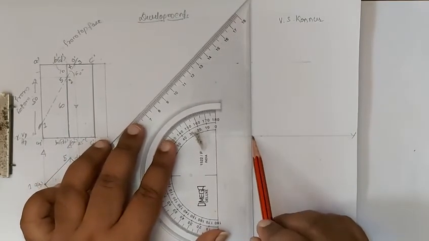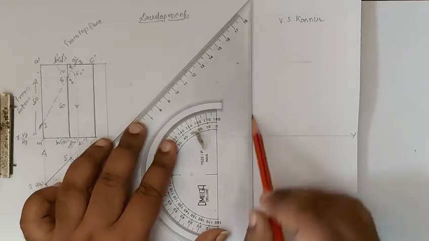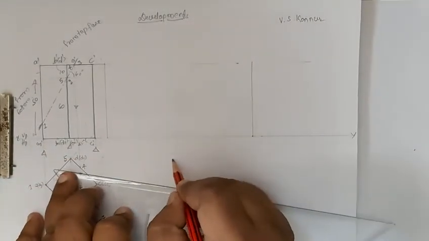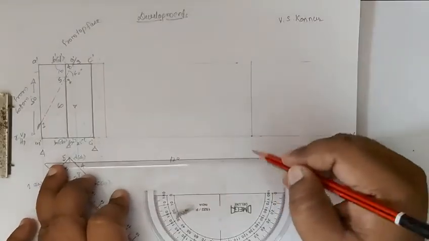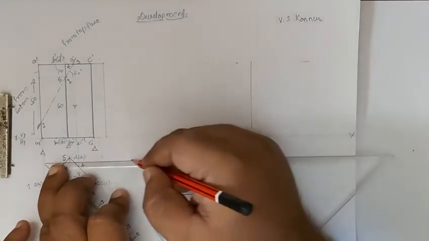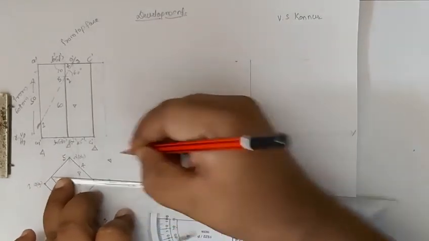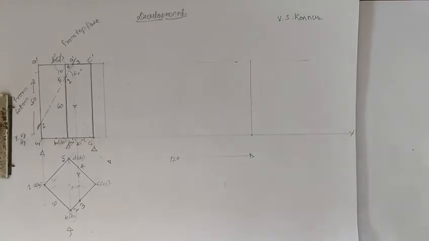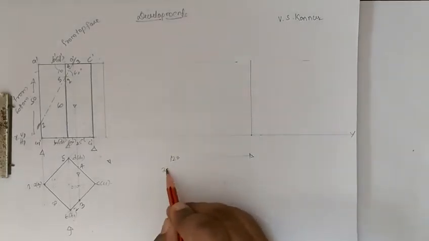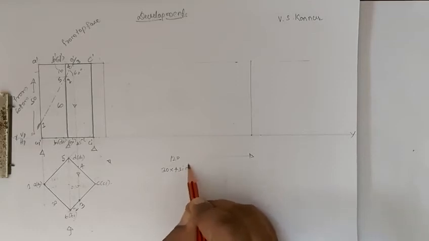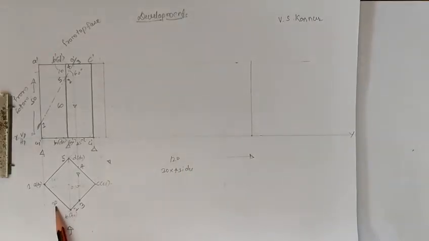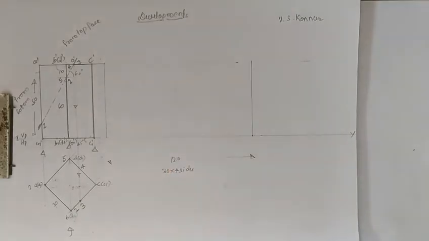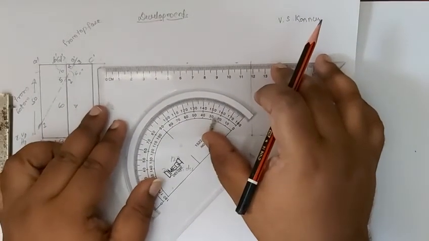With thin line I will join 120 distance total. Total I have taken 120 distance, that is nothing but 30 into 4 sides. One side is 30 millimeter. 4 sides, 30 into 4 sides, 120 millimeter. Now divide it by 30 mm.